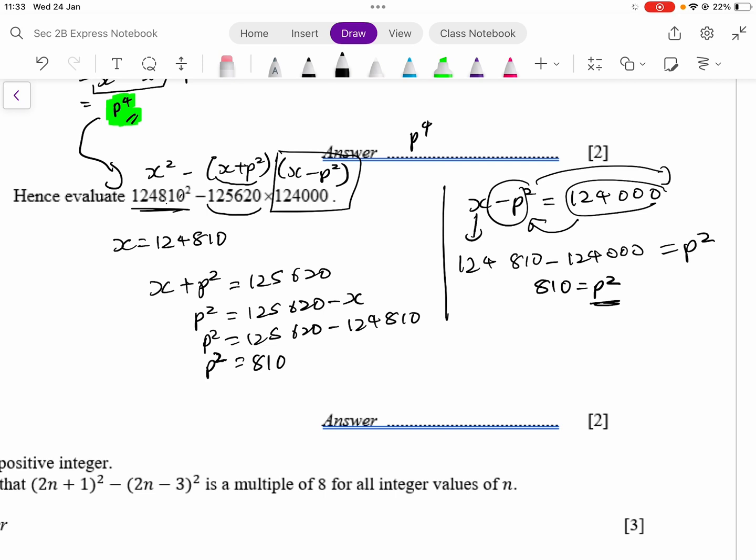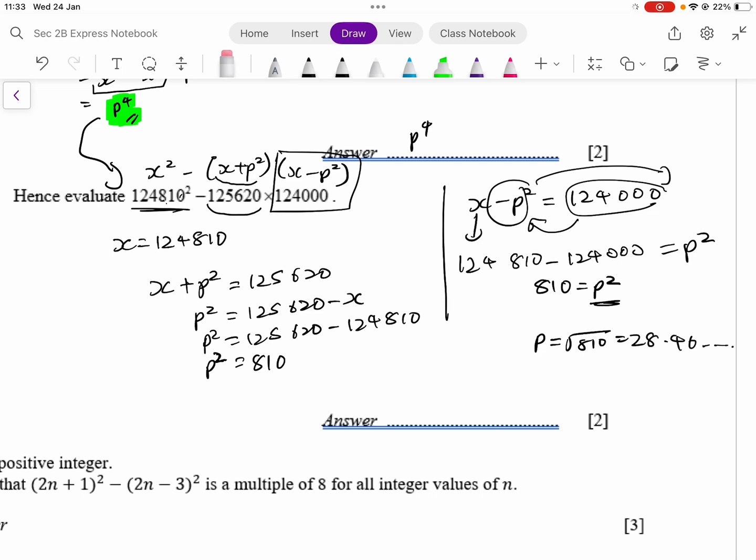Now, from here, we can find the value of p by square rooting 810, but we don't have to, because if we do that, we get a very long infinite decimal number, right? 28.46.